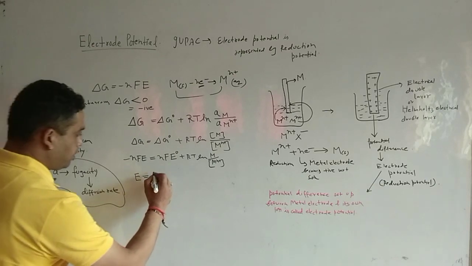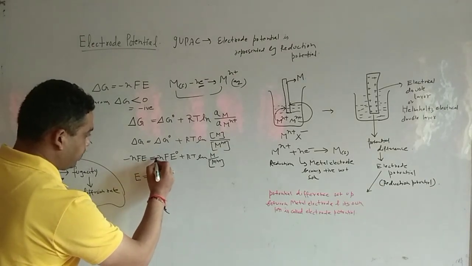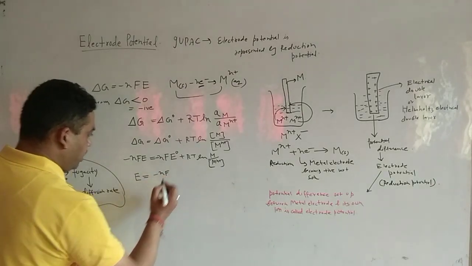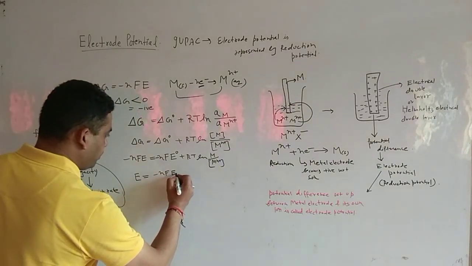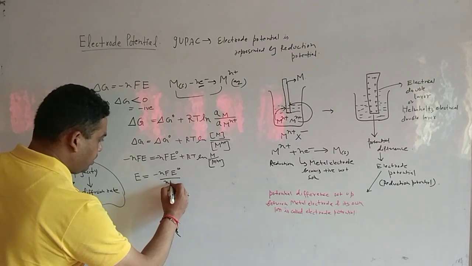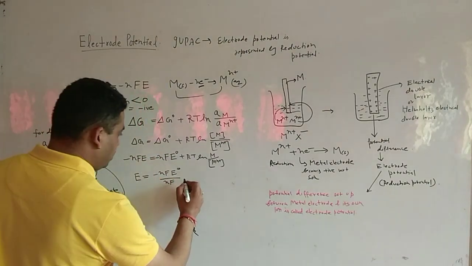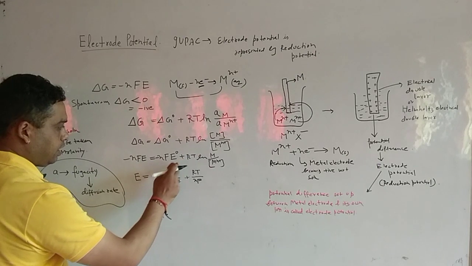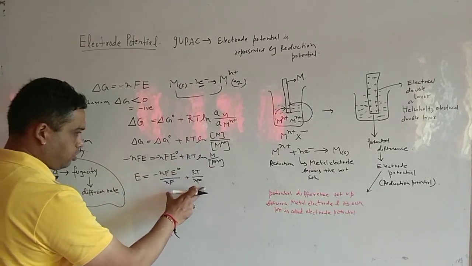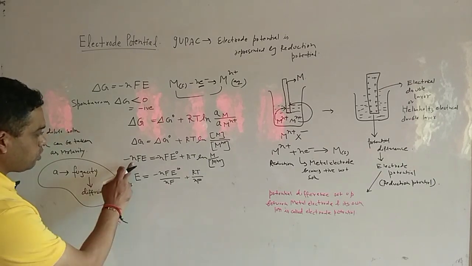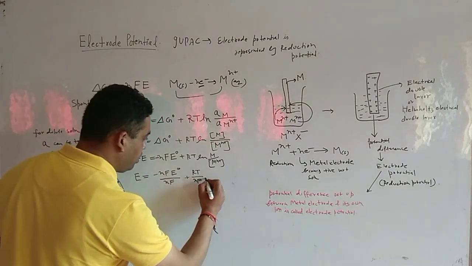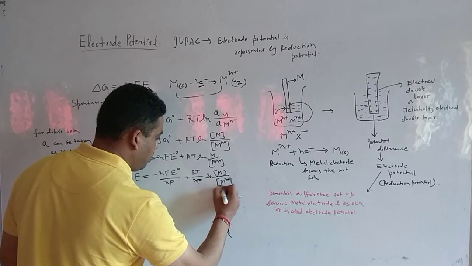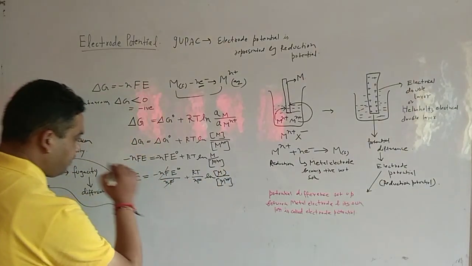If you rearrange this, negative nFE equals negative nFE standard, plus RT ln of M divided by M^n+. Dividing by negative nF, you solve this expression by taking the LCM, so the nF goes to this one as well as to this one, and it cancels out.